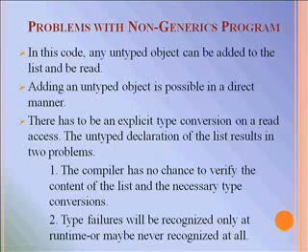Verification will not be done in this program. In non-generic programs, the compiler verification cannot be done. It has to be done, but it won't happen. And also the list and the necessary type conversion will not be visible.